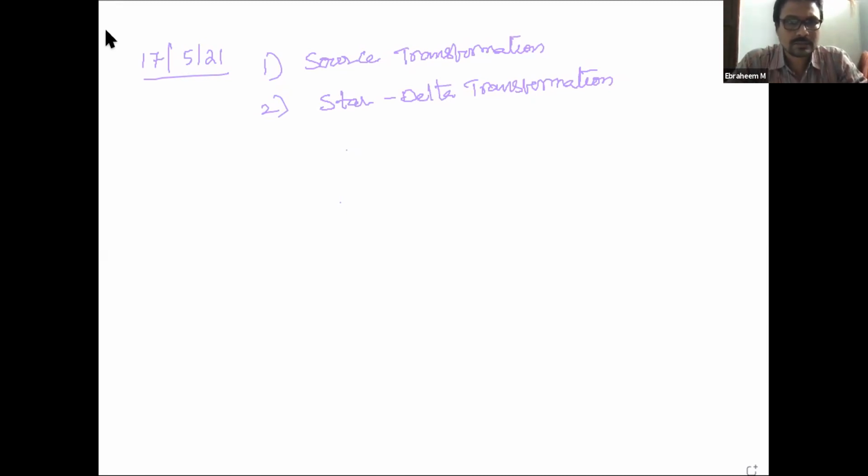We may have a big circuit, a big network, with so many elements along with many sources. You can apply source transformation to a part of a circuit.